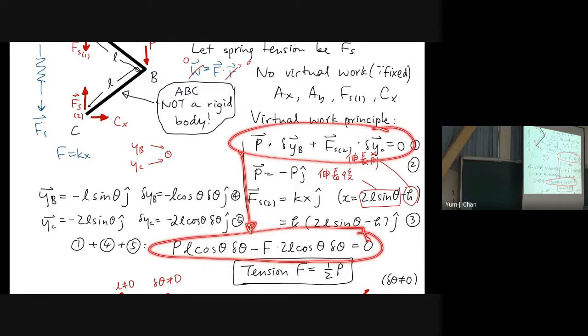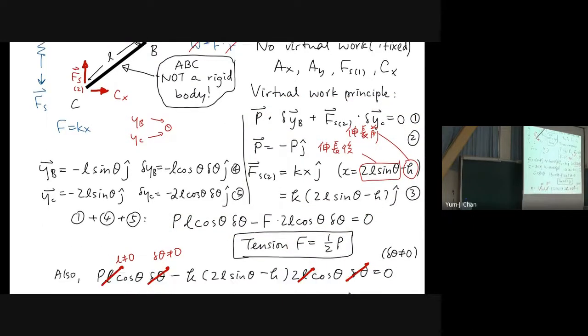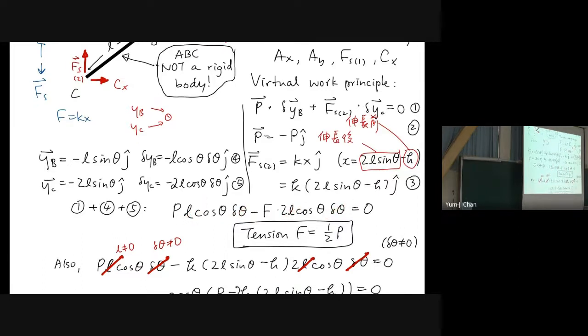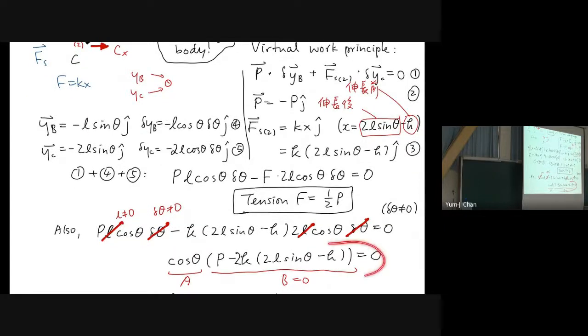First of all, tension F is equal to half of T. Then we simplify this equation such that we remove this and this. From the virtual work principle we get this thing.